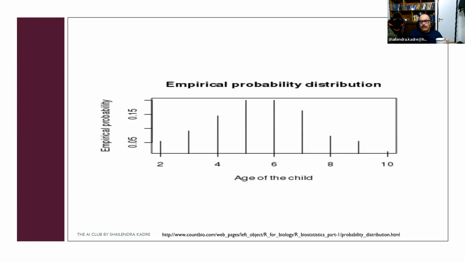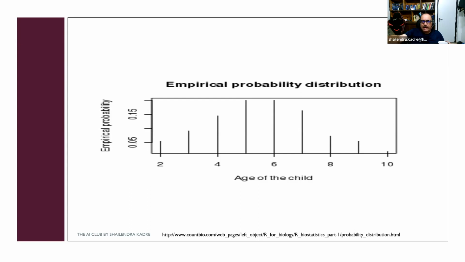Around 0.1, right? Approximately, you cannot read it exactly because exact values are not given. There is a range given, right? So around 0.1.